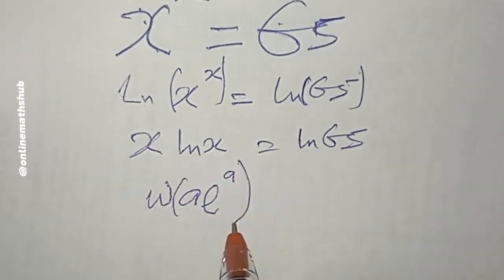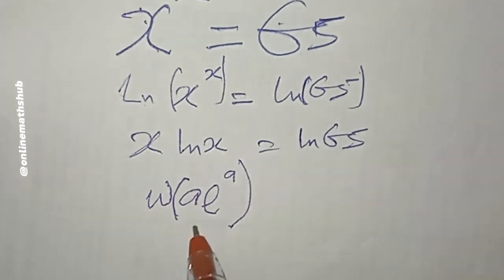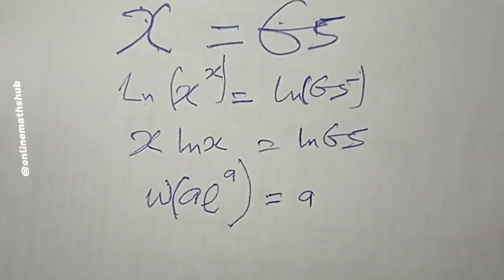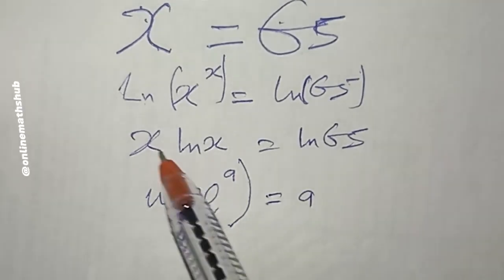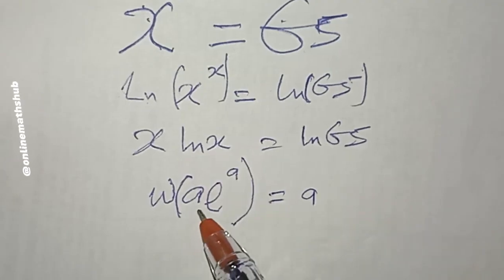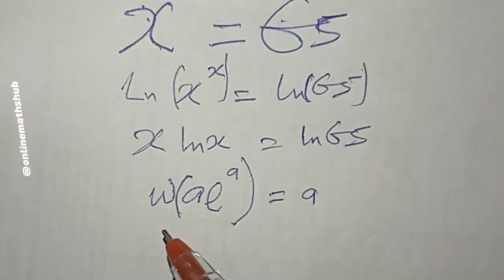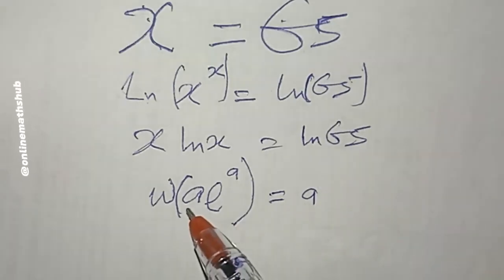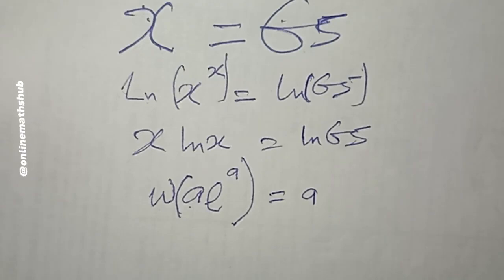When you evaluate it, it's going to give you a. So my job is to transform this function to look like a exponential a, so that I can pass the Lambert W function and have a as the result. Okay, so to do that, it's also simple.